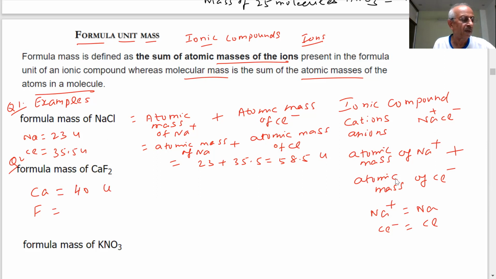Search from the atomic mass table, student, for fluorine. You can use some whole number near to that, no problem.